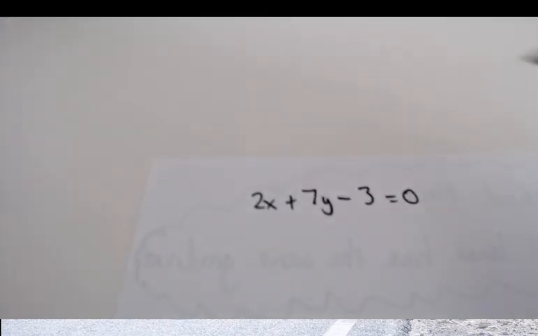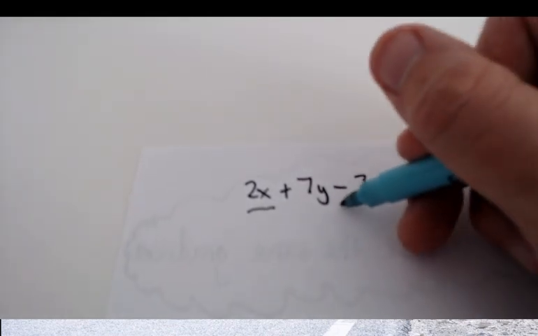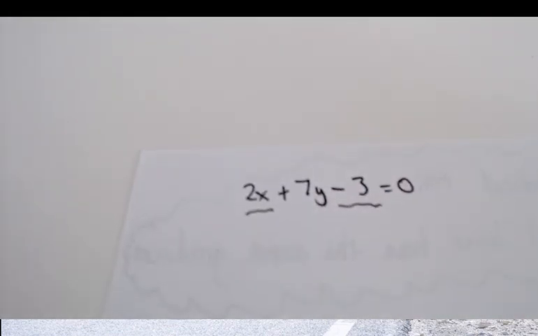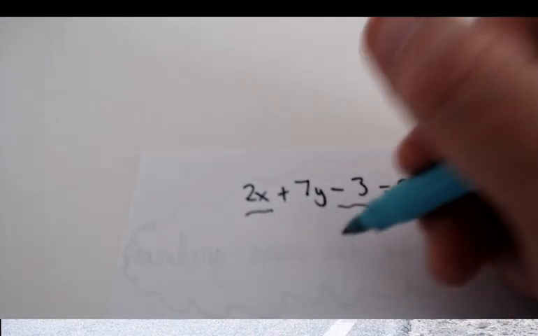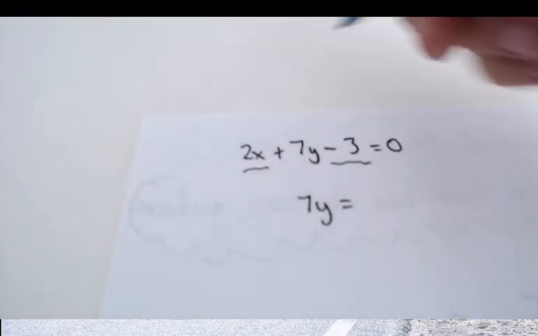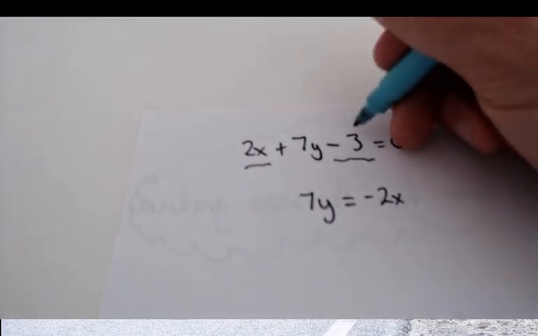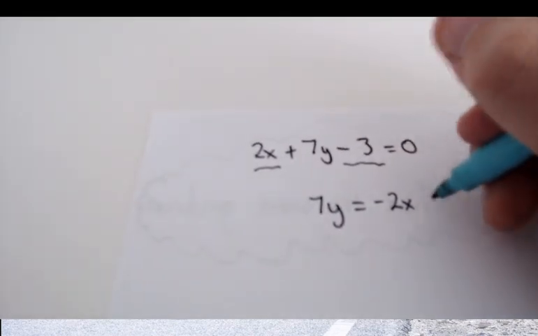What I'm going to do is I'm going to take the 2x to the other side. I'm going to take the minus 3 to the other side. Remember, when you take them to the other side, they do the opposite of what they did before. So I'll be left with 7y. This positive 2x, if I take it to the other side, it'll become a minus 2x. This minus 3, if I take that to the other side, it'll become a positive 3.